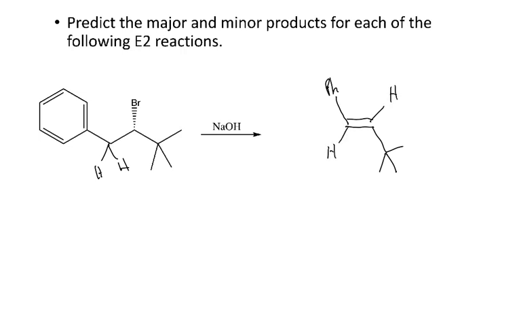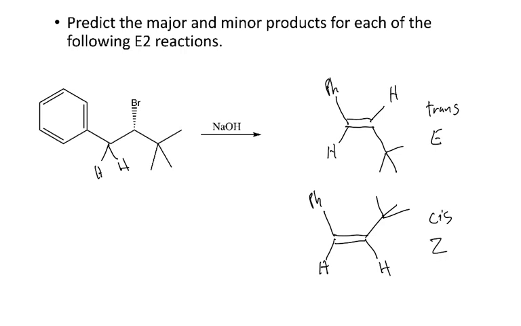So this would be the trans, because the hydrogens are across from each other, or the E isomer, because the higher priority groups are across from each other. But I can also get the cis, or in this case, the Z isomer.